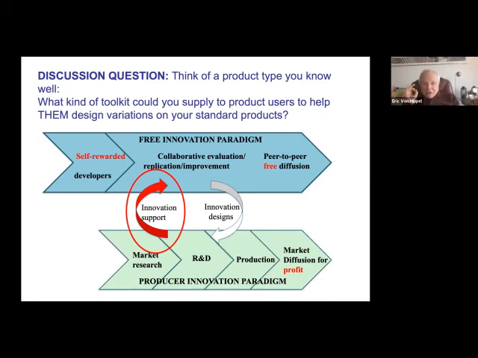Just like everything else I've told you in this course, these are new areas because the phenomenon of user innovation is getting stronger and stronger. And so in each of these areas, you have to be pioneers. It's not cut and dried where you can just pick it up and do it.